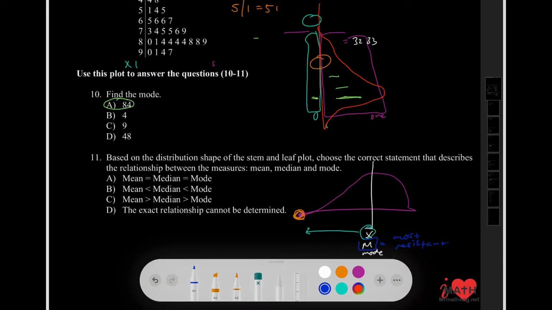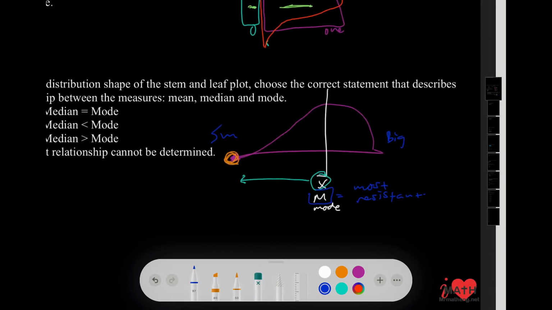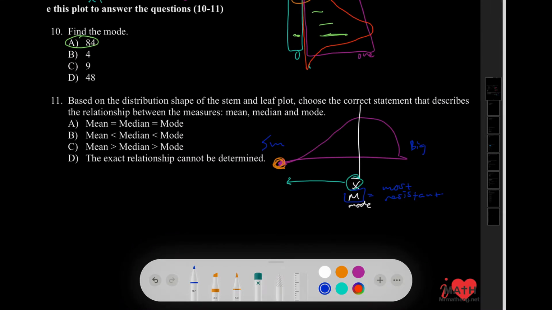So over here are small numbers on the left, and over here are bigger numbers. So if the median stays and the mean changes, that means the mean is smaller. Let's see what we got over here. So we can say the mean in blue is way over here with smaller numbers.